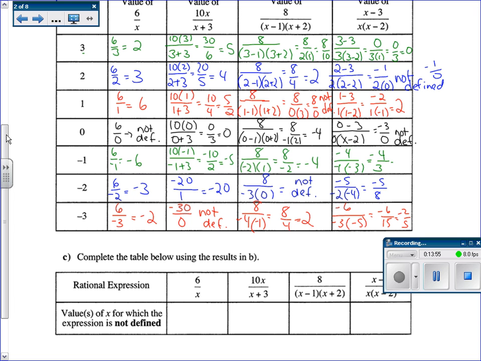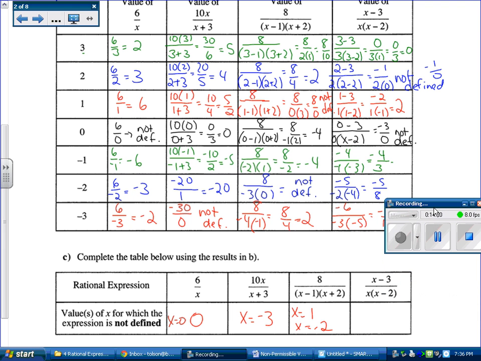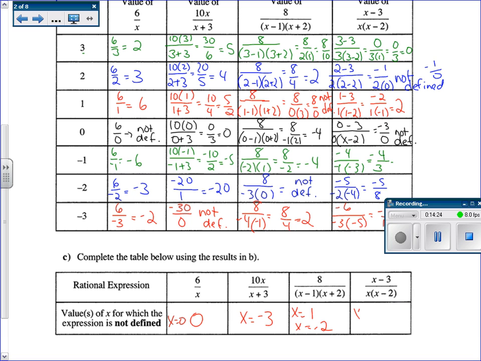So 6 over x was only not defined for when x equals 0. 10x over x plus 3 was not defined when x equaled negative 3. 8 over x minus 1 times x plus 2 was not defined for x equals 1 and for x equals negative 2. And then the last one, x minus 3 divided by x times x minus 2, was not defined for x equals 2 and for x equals 0.